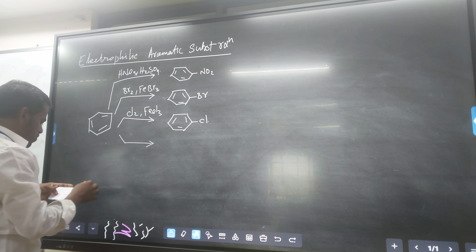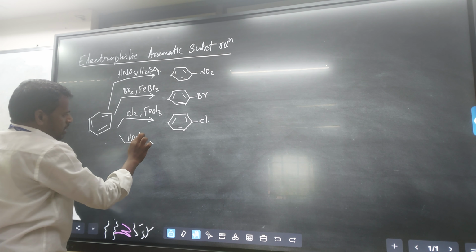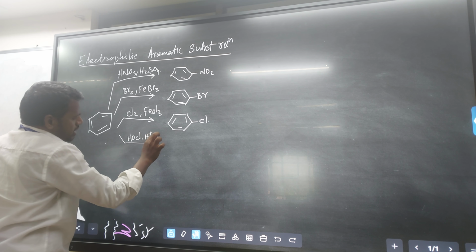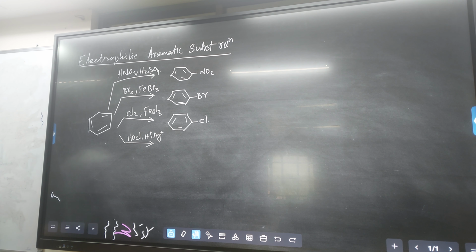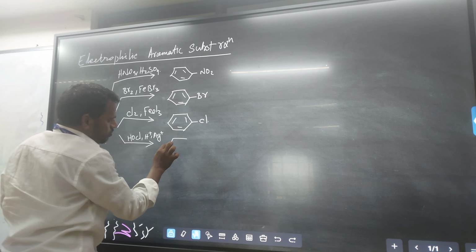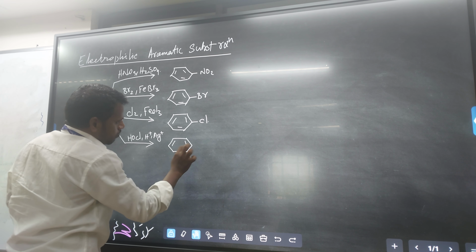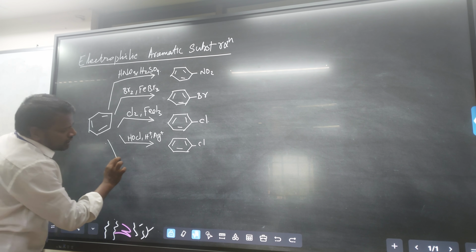And next, you add the HOCl plus H plus and Ag plus, silver chloride, anything you can take, in presence of acidic medium. What happened? The same chlorination reaction. Chlorination. Then sulfonation.